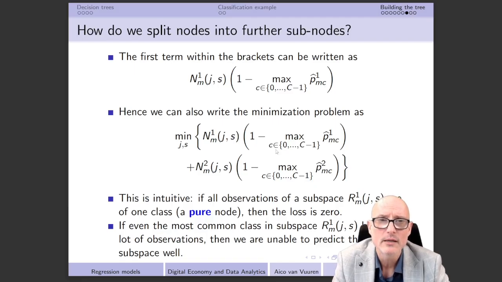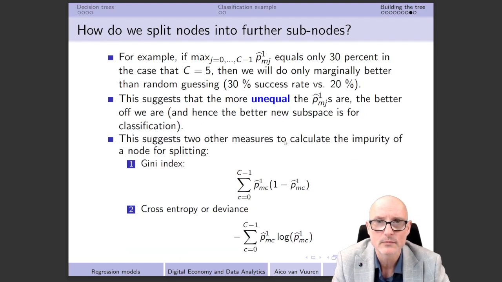The more unequal the subspace is here, the lower this thing is going to be, but we can also do that in terms of other kinds of measures. For example, we can look at the Gini index. That is a general index for inequality. That's this thing that we have over here. Or we could look at the cross entropy or deviance. That's this thing that we have over here.